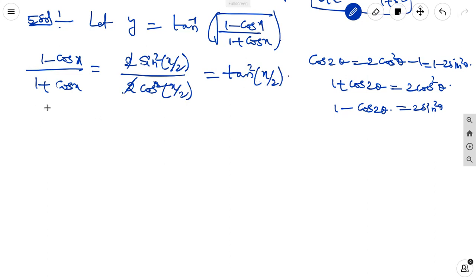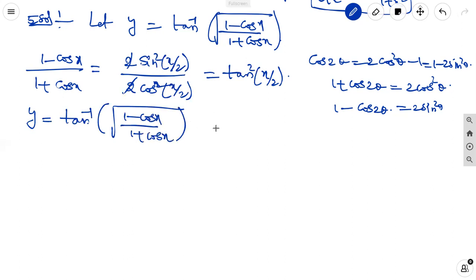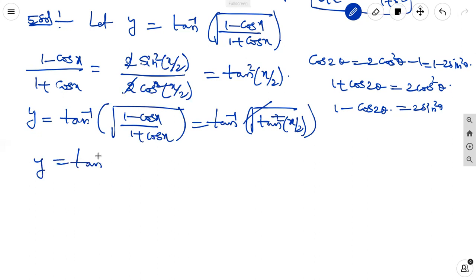So substituting these values, y equal to tan inverse of under root of 1 minus cos x by 1 plus cos x. It is equal to tan inverse of under root of tan square of x by 2. Square root cancels. It is equal to tan inverse of tan of x by 2.